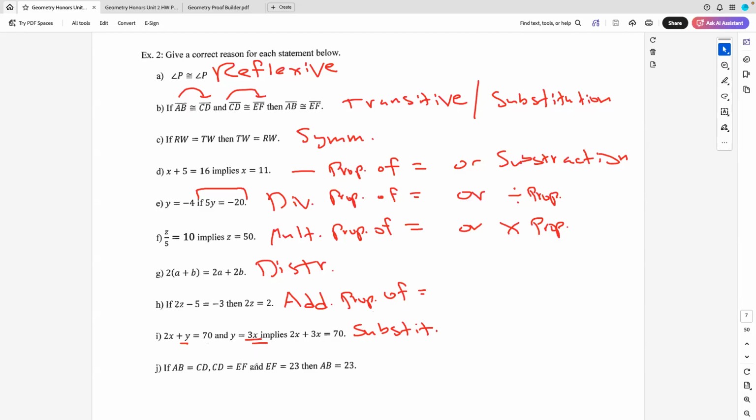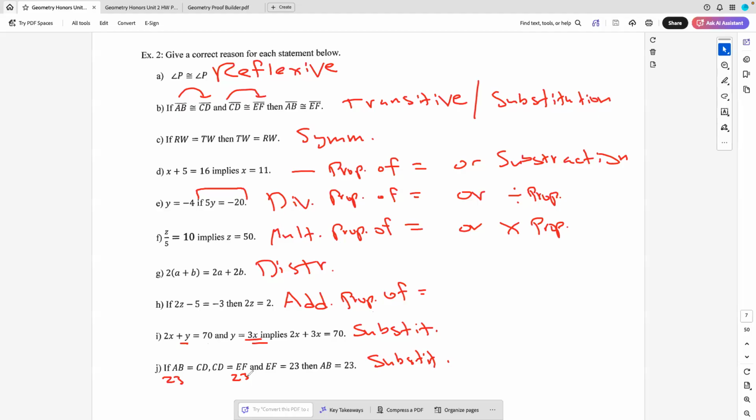So maybe AB equals CD, CD equals EF, and EF equals 23. Yeah, substitution. Yeah, because what you're doing is you're replacing. Correct. Okay, let's keep on moving.